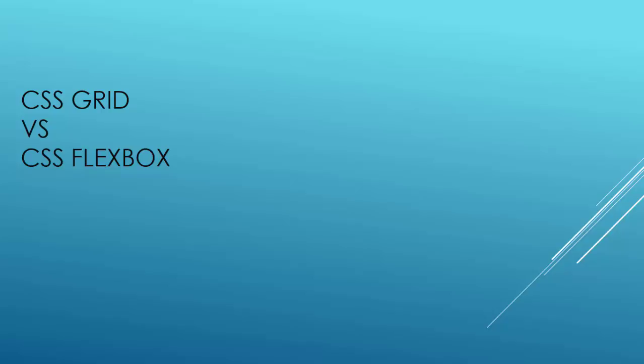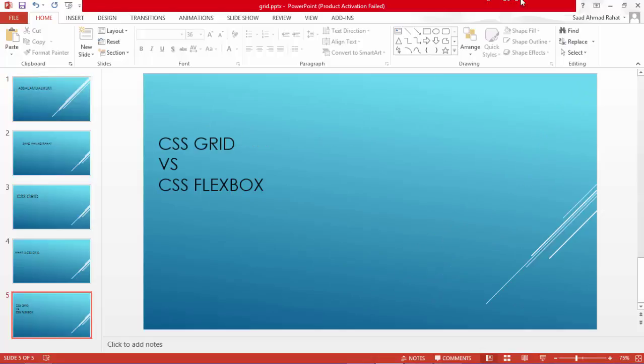But the advantage of the CSS grid is that it can work in two dimensions, because two dimensions means row and column. So this is pretty cool. You can manage your code or the layout very easily. And let's do some code, then you can understand.